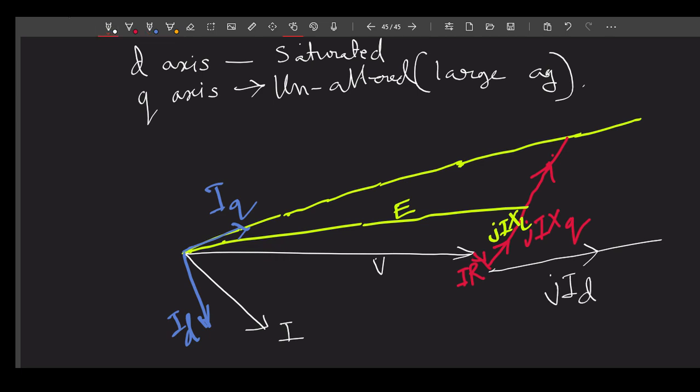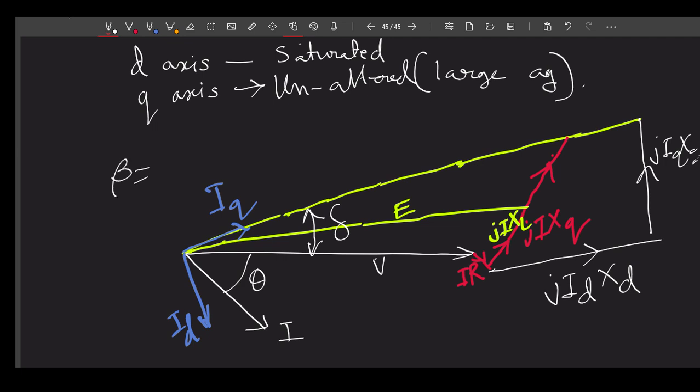This was jIDXD. This much was jIQXQ. We studied different formulas also, but what I told you is that at the beginning we do not know this much, that is delta, and this angle is theta, and obviously we know that beta is equal to delta plus theta, but initially finding delta is difficult.